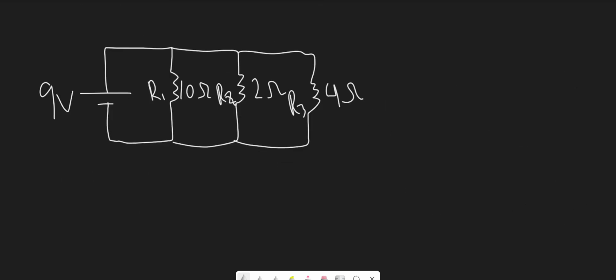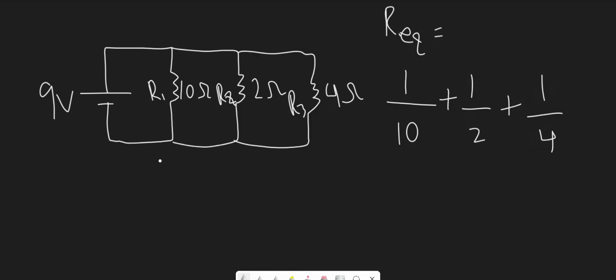So in this example, we have a more complex version of a parallel circuit. We have 3 resistors this time in parallel, so we're just going to simply take the reciprocal of these resistances and then take the inverse of the summation of the values, and that will give us our equivalent resistance. So Req will just be 1 over 10, because that's the value of resistor 1, plus 1 over 2, plus 1 over 4, which are the others.